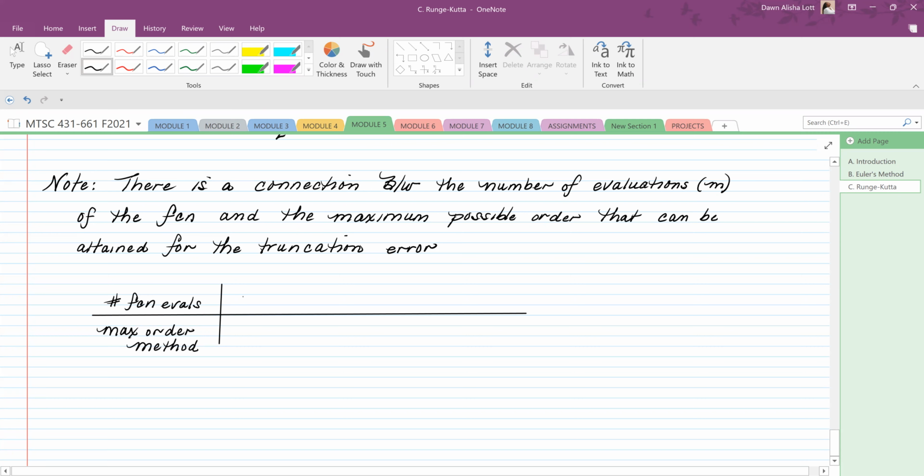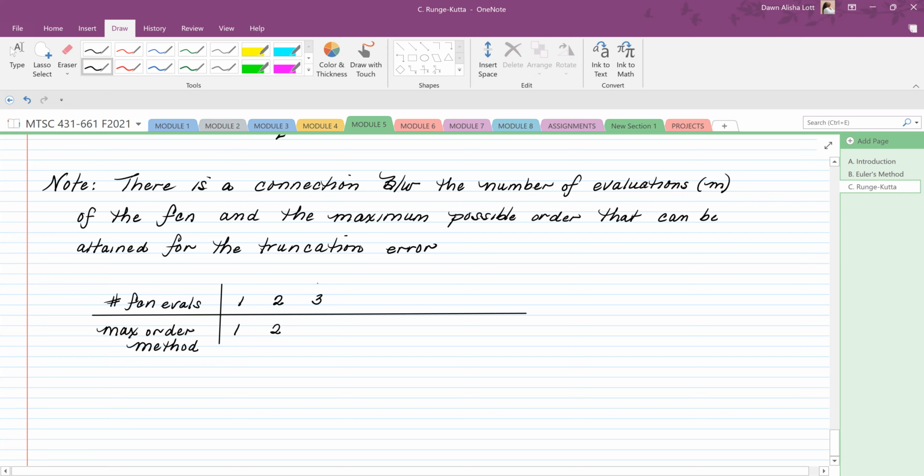If you have one evaluation like Euler, it's at most order H. Modified Euler had 2 evaluations, it's at most order H squared.